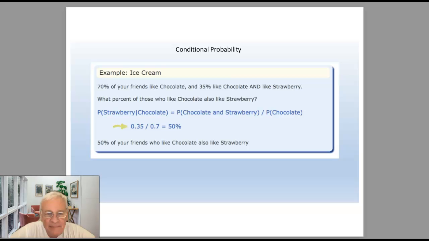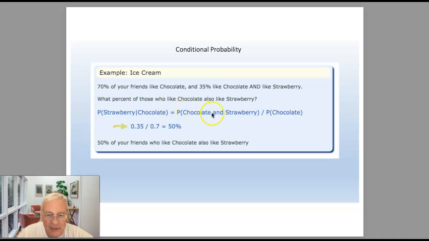As an example again, if 70% of your friends like chocolate and 35% like chocolate and strawberry, what percent of those who like chocolate also like strawberry? Given the fact they already like chocolate, how many of those like strawberry? That's the probability that strawberry happens given that chocolate already happened.